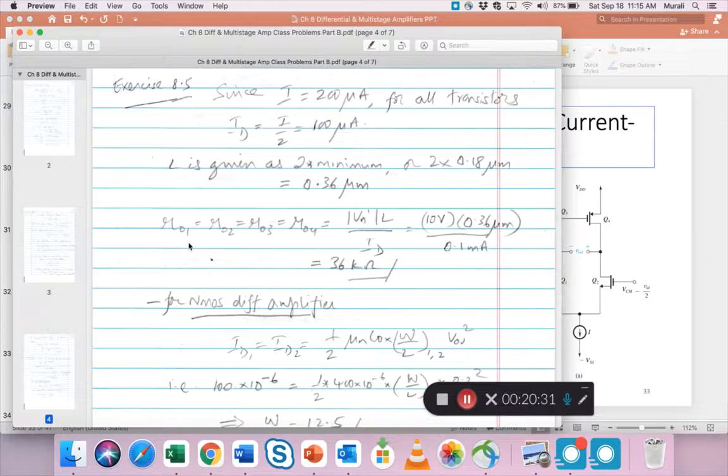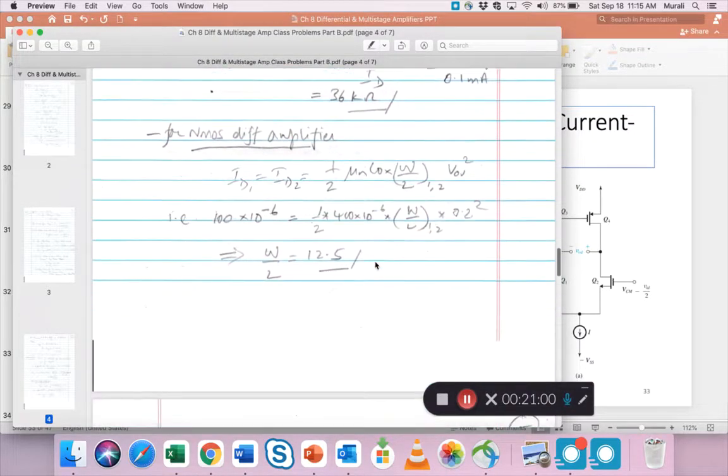Because it's all matched, RO1 equals RO2 equals RO3 equals RO4. These are the intrinsic output resistances of these devices, and each of them is VA prime times L divided by ID. So that's 10 volts into this divided by 0.1 milliamps, which is 36K, right?